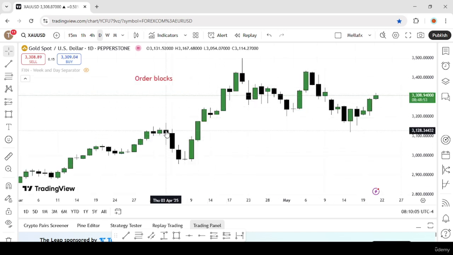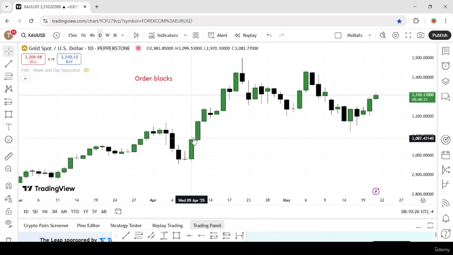So we see that there was a time that the market printed these down close candles, confirming bearish movement. And after, we had an immediate shift or change in market direction.